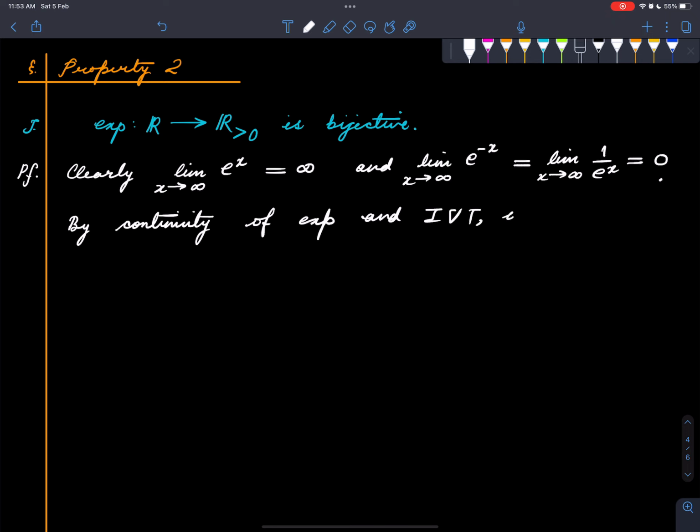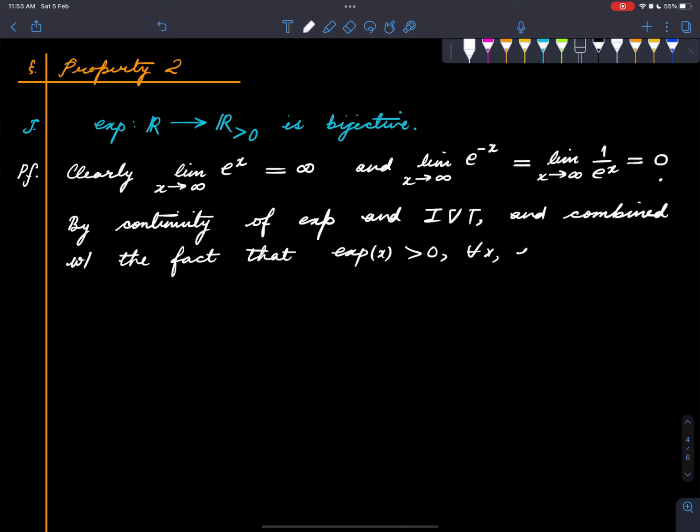We see that, and combined with the fact that exp(x) is greater than 0 for all x, we deduce that this is a surjection.